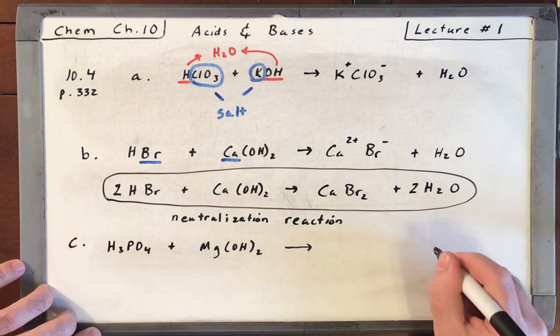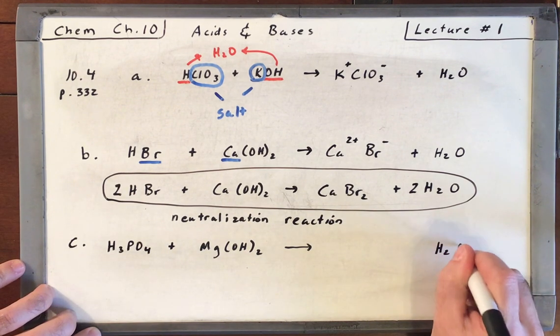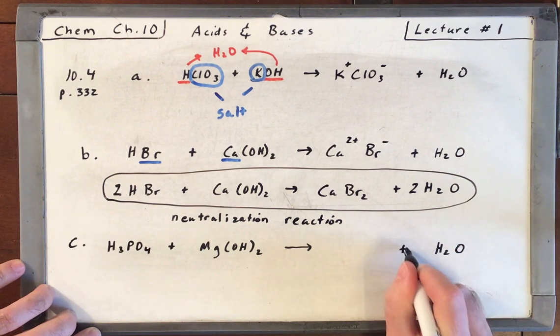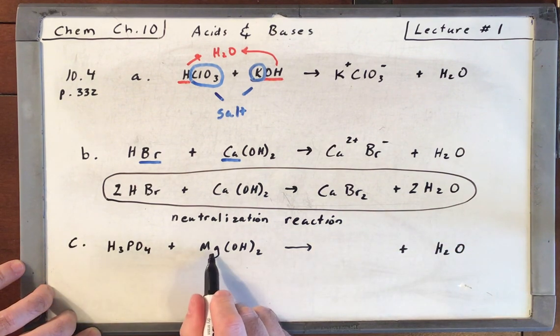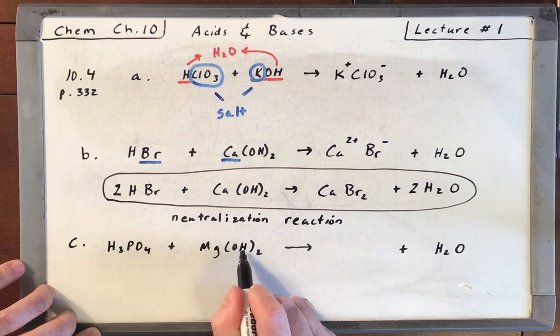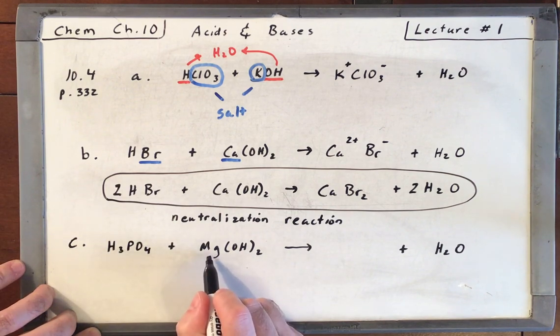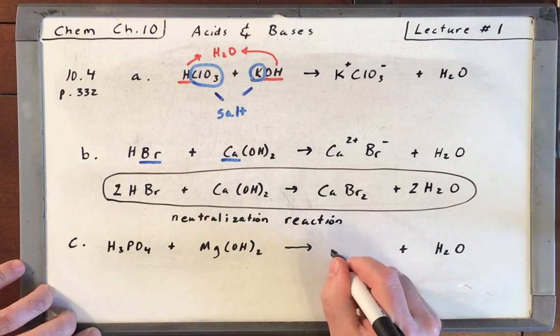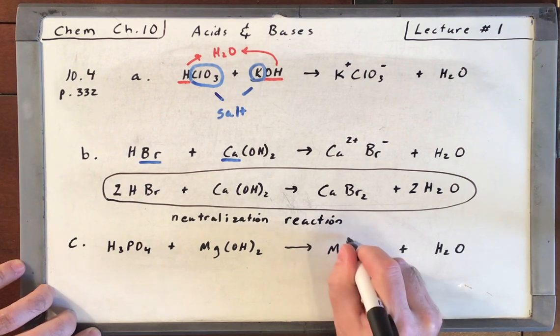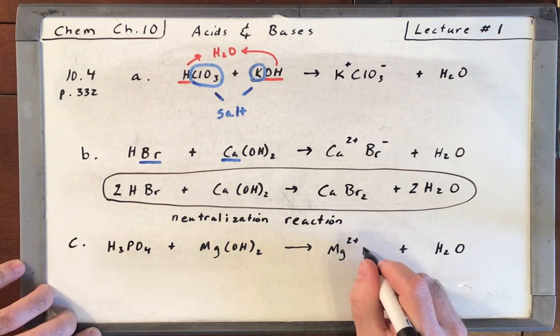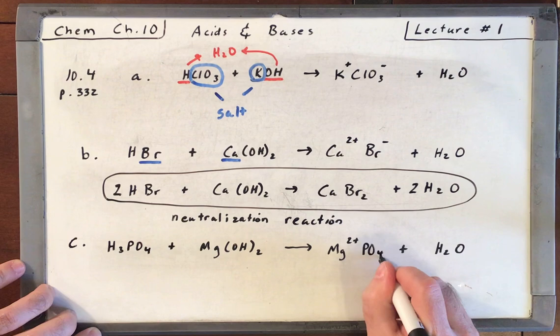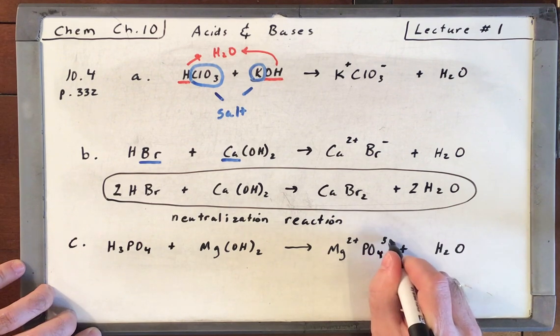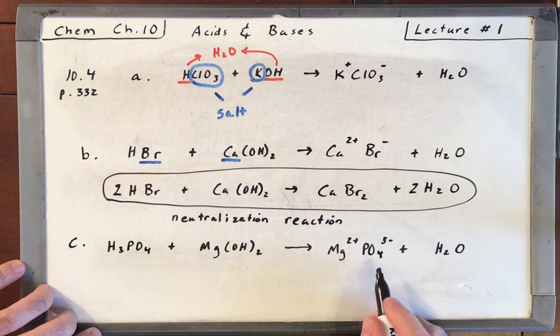Okay, let's see if you got it right. Now we know we've got a water. So what makes up the salt? Well, it's not the hydrogen and the hydroxide, it's the other 2 items, magnesium and phosphate. Magnesium is 2 plus, phosphate, and you will get your ion sheet on the test, is PO4 3 minus.